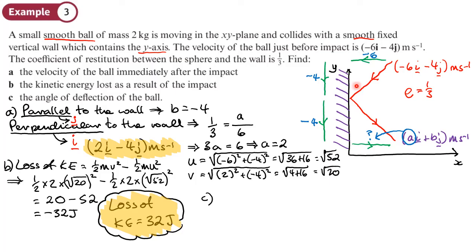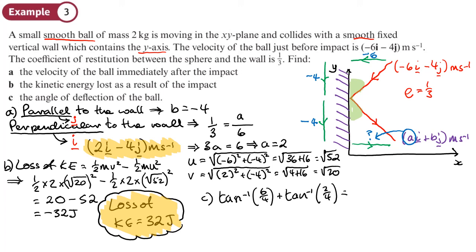Now the angle of deflection is going to be this angle plus this angle here. Okay, so let me just mark those in, maybe with a highlighter. So this angle here plus this angle here, that's going to give me the angle of deflection. The one at the top is going to be the tan inverse of 6 over 4, plus the one at the bottom, the tan inverse of 2 over 4.